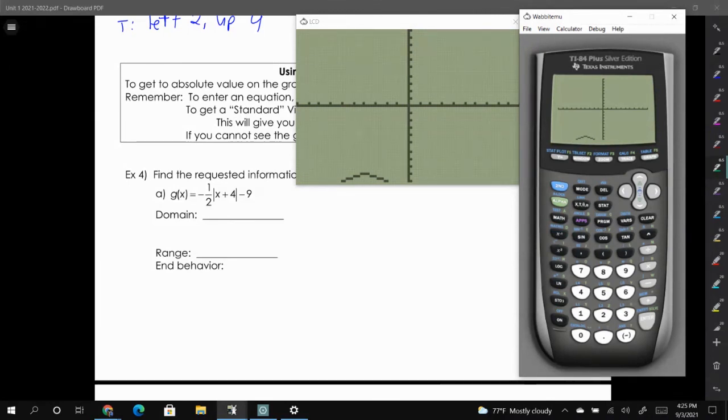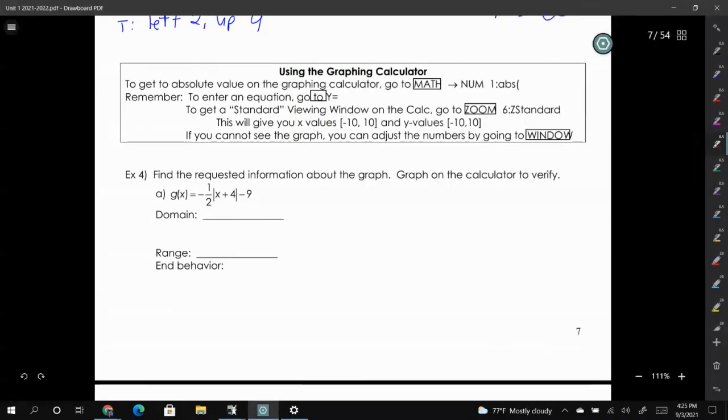And like I said, your domain for absolute value is always negative infinity, comma infinity. Our range, the largest y value is at our vertex here, and that's at -9. So the domain, negative infinity, comma infinity, and your range, I'm sorry, negative infinity, because that's the smallest number, comma -9.